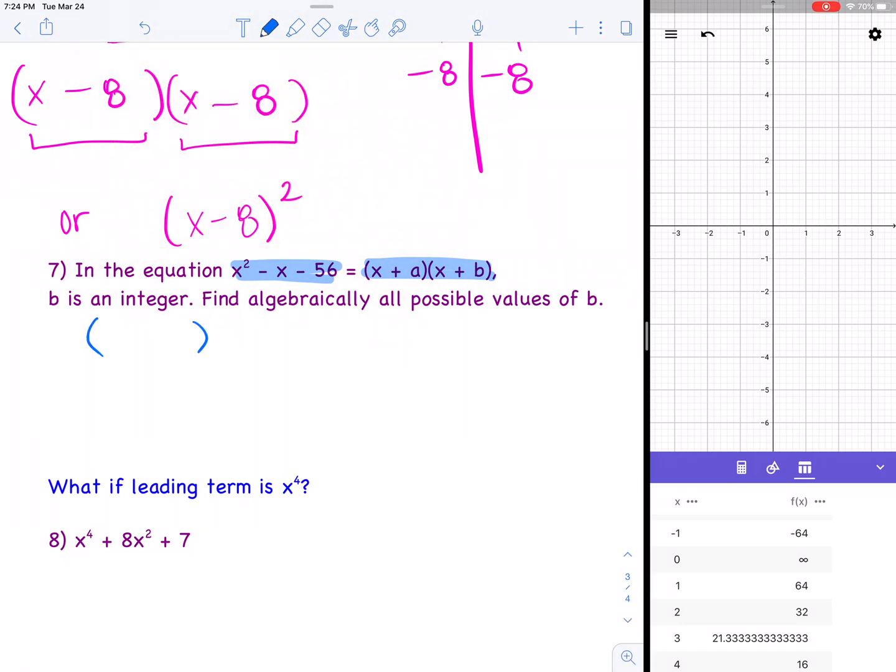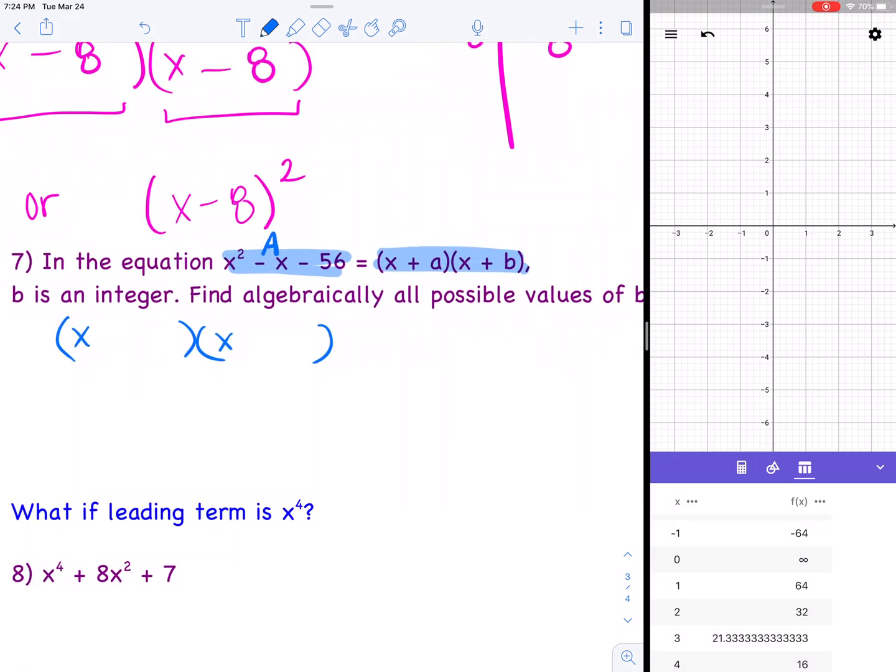So getting my two factors, knowing that the first two terms are going to be x. What are the numbers going to add to? There's just a minus sign in front of the x, but you should know that that's like a negative 1. We want two numbers that add to negative 1 and multiply to negative 56.